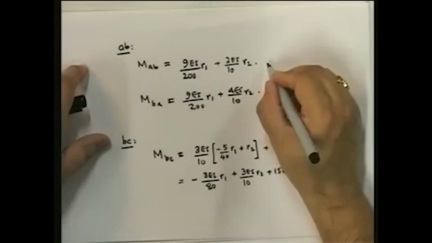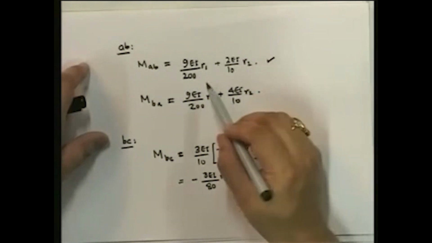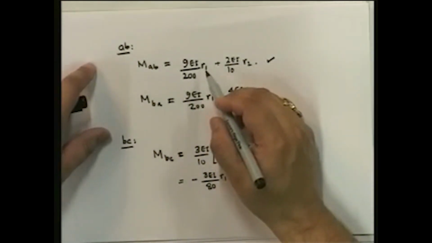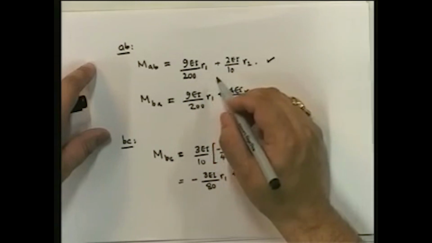It has no bearing on the member force deformation relationship in AB, and therefore I have just written down the value of MAB, which incorporates that theta AB is equal to 3 by 40 R1 plus 0 R2, and that theta BA is equal to 3 by 40 R1 plus 1 R2.